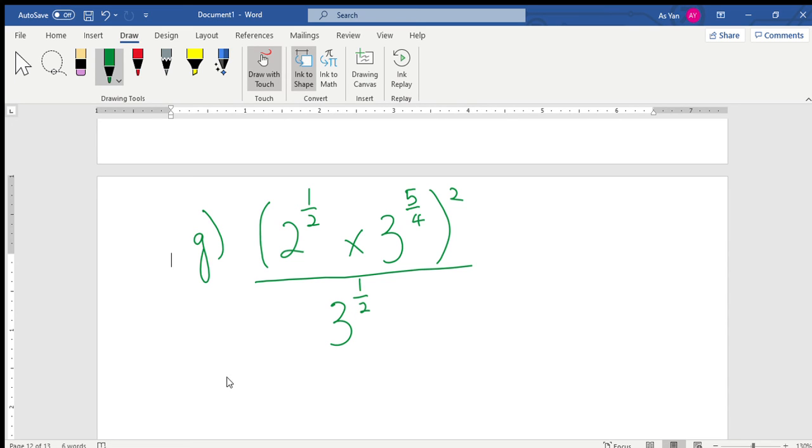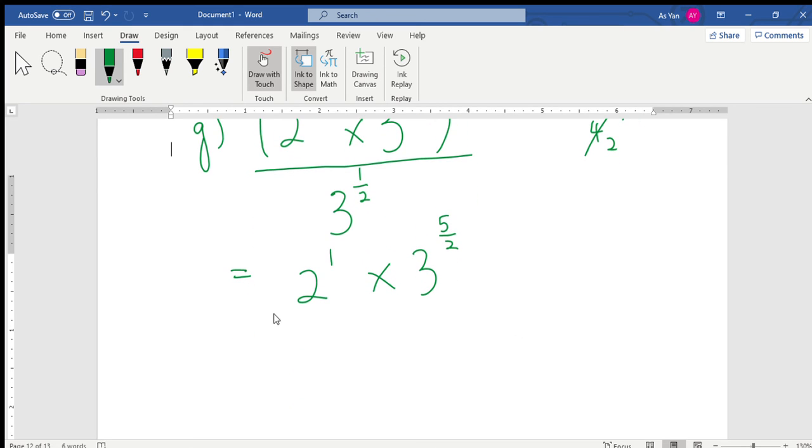So simplify. 1 over 2 times 2, cut off, what is left is 2 to the power of 1, times 3 to the power of 5 over 4 times 2, what is left is 5 over 2.